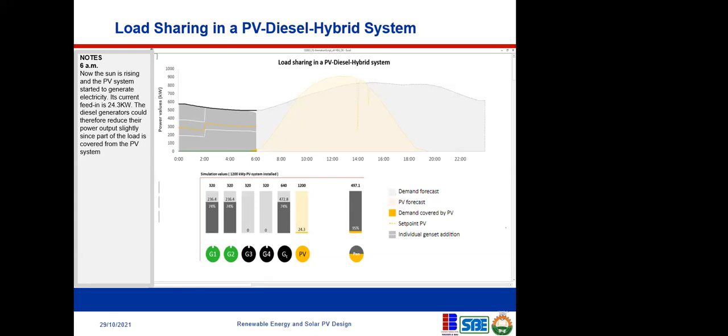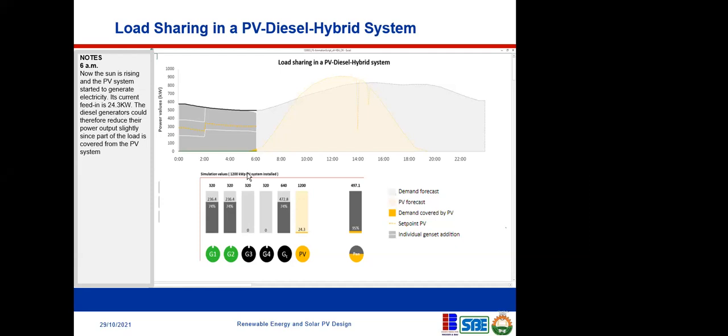So the diesel generators could therefore reduce their power output slightly, since part of the load is covered by the PV system. Any energy that is coming out from the solar system is being absorbed by the load, and it now relieves the generator of that amount of energy.